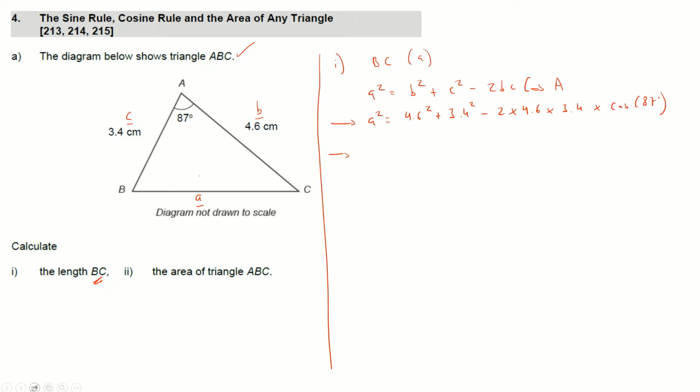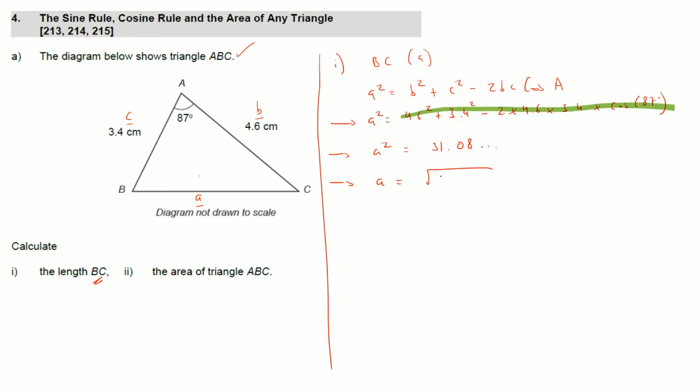And it's easy now. On the calculator, you can just work out this entire lump here. So put all that in the calculator and leave it on the screen. So if I do 4.6 squared plus 3.4 squared, take away 2 times 4.6 times 3.4 times cos 87, I get that A squared is 31.08, etc. I'll leave it on the screen, and then with a good calculator, you can just do the root of the above.